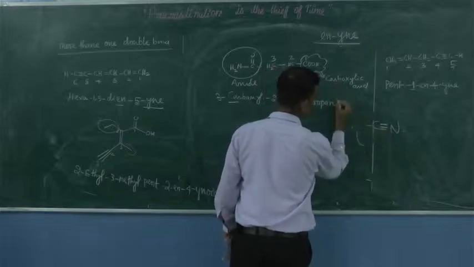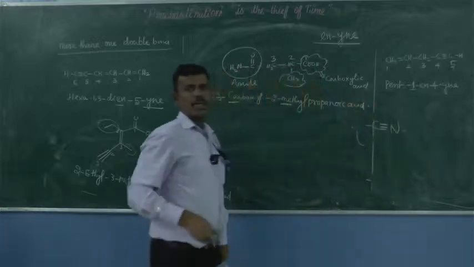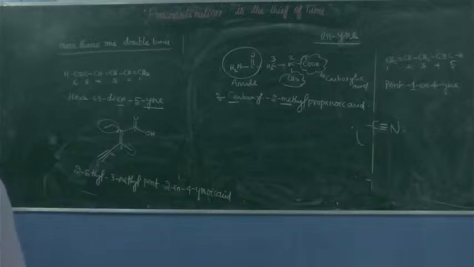You have to drop E, then you have to add OH. 3 carbamyl, 2 methyl. Carbamyl C alphabet pannu. Then methyl, then 3 carbons. Is it clear? You should know the prefix name also, and you should know the principal functional group priority also. Getting my point? Okay, with this I will stop.